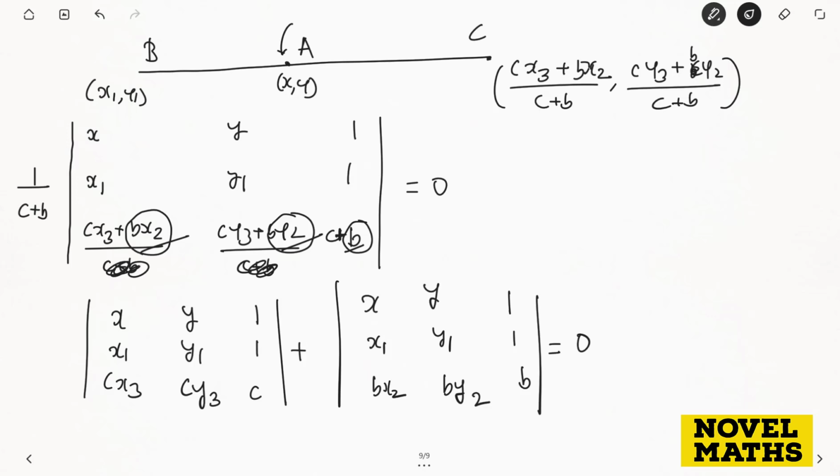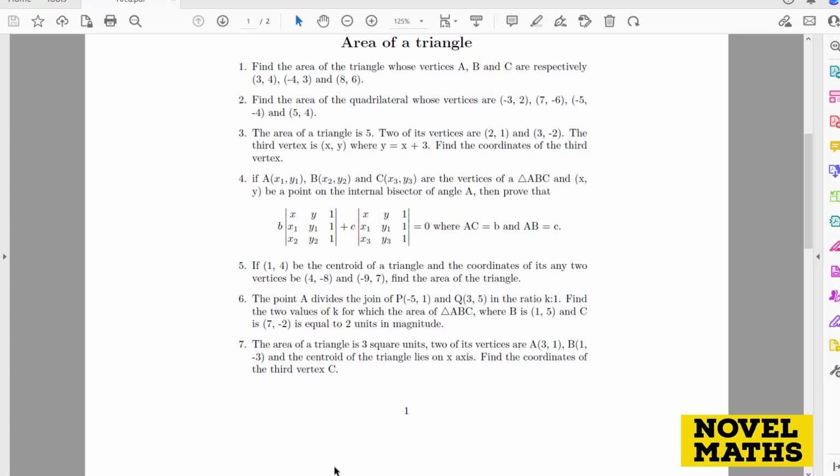What else we can do? We can take this c also out, right? Because this is common, make it 1, c, and take b from here. This is b. This is what we had to prove.